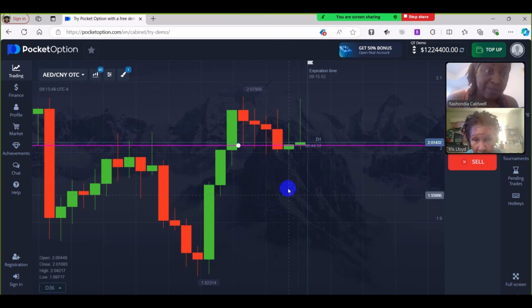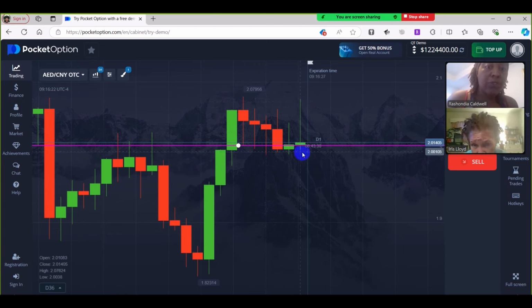The current candle is right here. So if the current candle comes down to your pink line, you know it's going to do what? Pull back. It's going to bounce off of your line because it bounced off of your line right here and then went back up. So if it comes down to this point, it's going to bounce off of this line and then go back up, right?